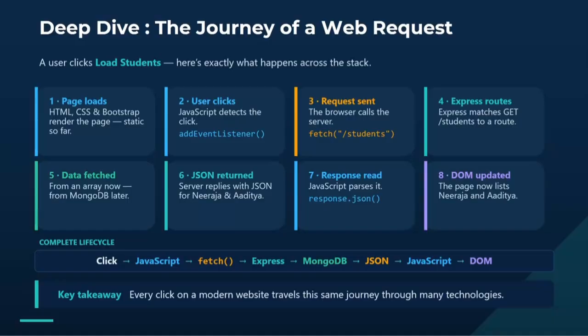Notice something important. The web page never refreshed. Only one small portion of the page changed. This is exactly how modern applications like Gmail, Facebook, Netflix, and LinkedIn update their content dynamically.